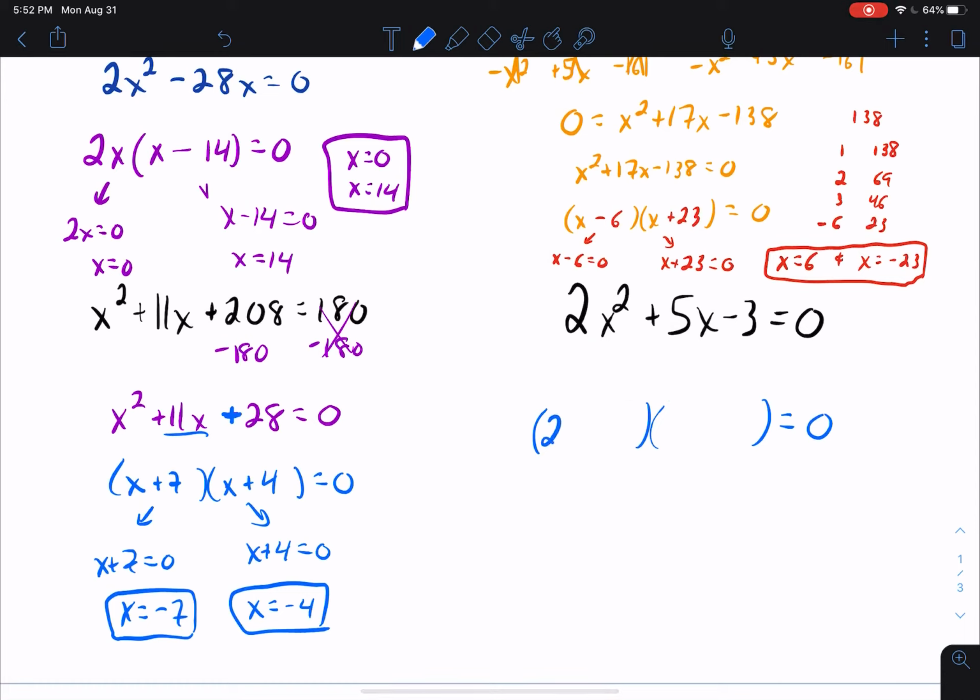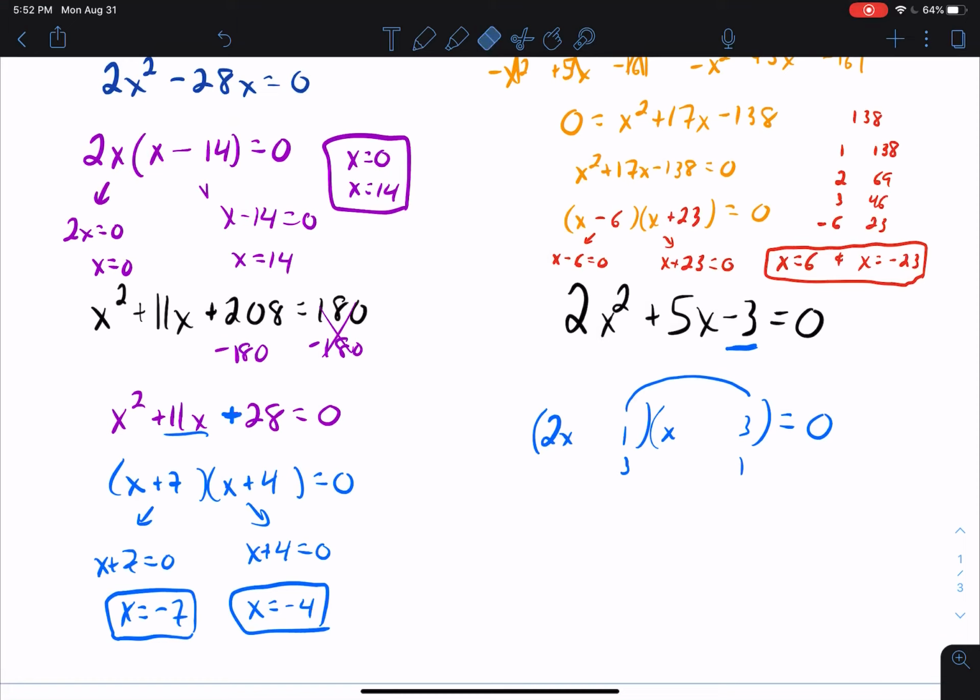That's going to be 2x and x. All right? And then the last two terms need to multiply to give me negative 3. Well, what multiplies to give me 3? It's going to have to either be 1 and 3 or 3 and 1, depending on how this goes.